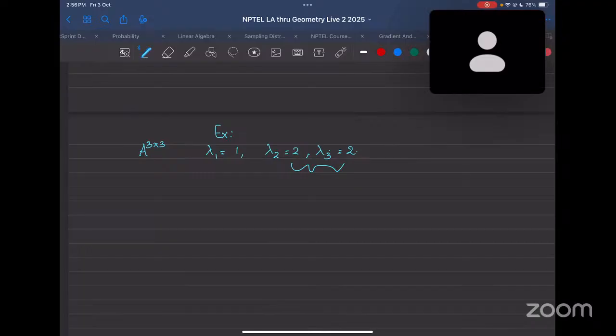For example, in this case, lambda equal to 2 is repeated twice. When I say lambda equal to 2 repeated twice, I'm going to look at (A minus 2I) x equal to 0. That means I'm going to look at the null space of the matrix A minus 2I. X belongs to the null space of A minus 2I.